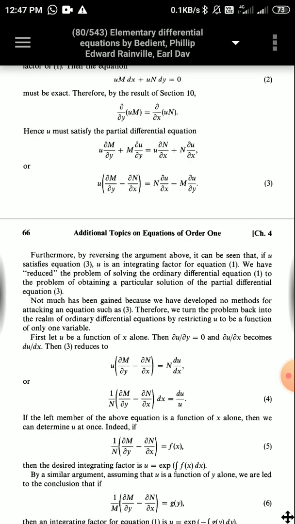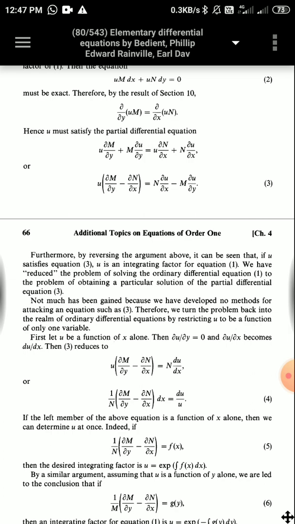So this is equation 4. If the left member of the above equation is a function of x alone, then we can determine u at once. Indeed, if 1 upon N (∂M/∂y minus ∂N/∂x) is equal to f of x, this is equation 5, then the desired integrating factor is u equal to e raised to the power integration f of x dx.